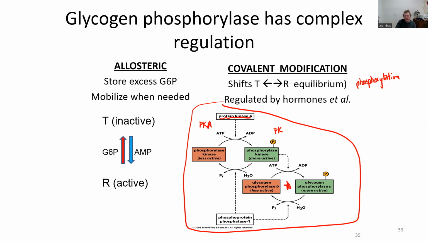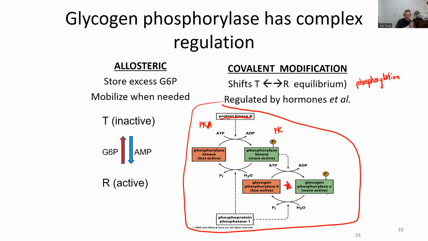So it will phosphorylate phosphorylase kinase, which phosphorylates glycogen phosphorylase, which leads to the activation of breakdown of glycogen. So think about this as when protein kinase A, or PKA, is activated, that is going to activate phosphorylase kinase. When phosphorylase kinase has been activated, then glycogen phosphorylase is going to be activated.